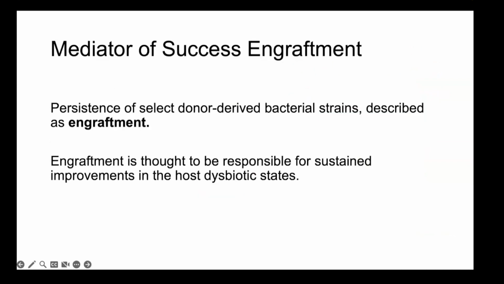And I think another big challenge is how do we know that the FMT was successful? What has been suggested as a measure of FMT success is engraftment. Engraftment is the persistence of donor-derived bacterial strains, and it's thought to be responsible for the sustained improvement in the host dysbiotic state.